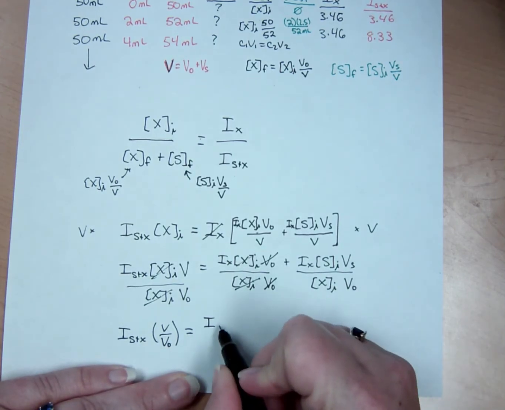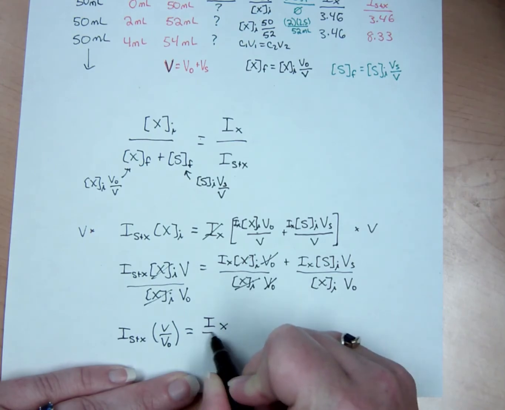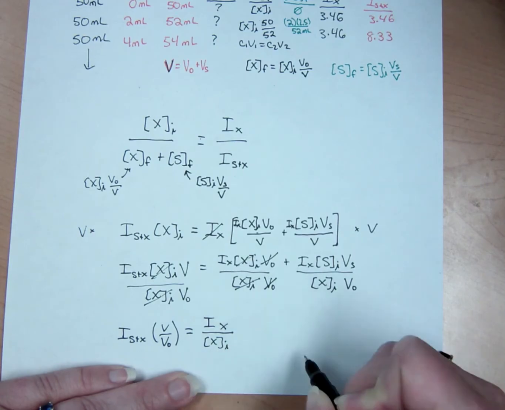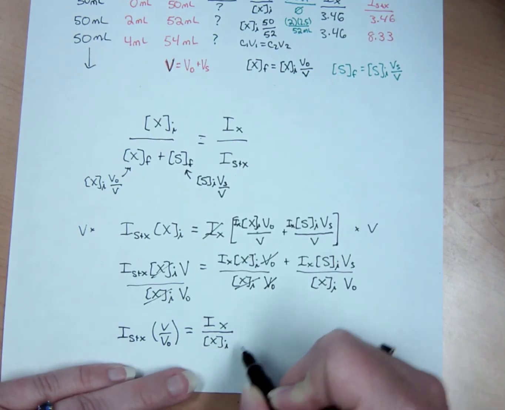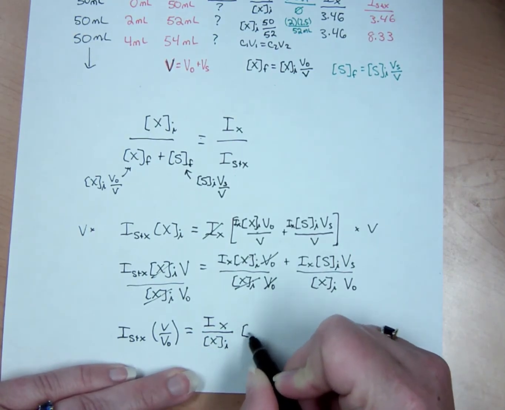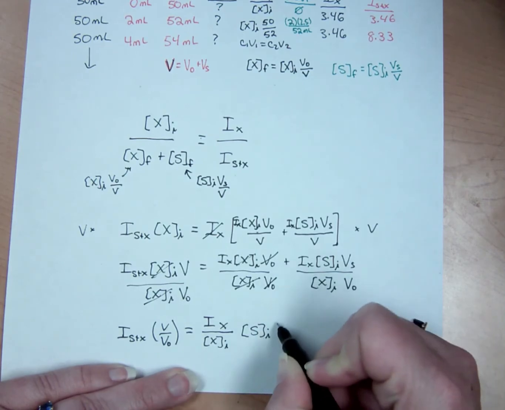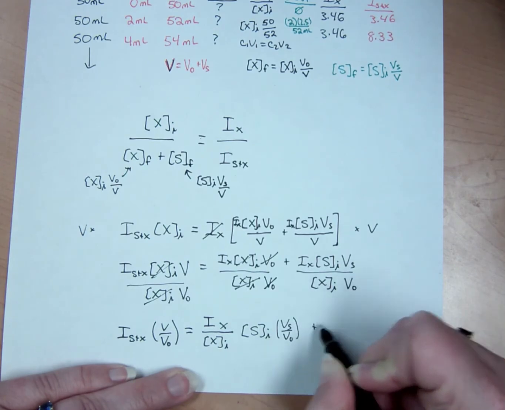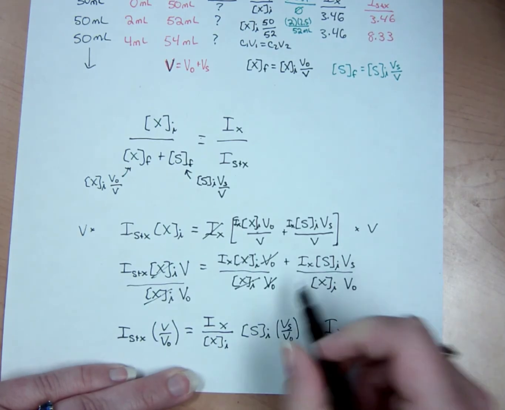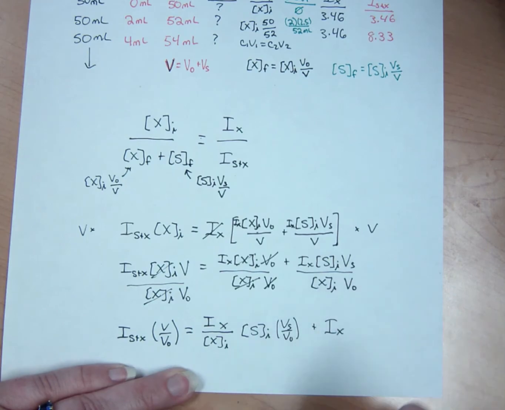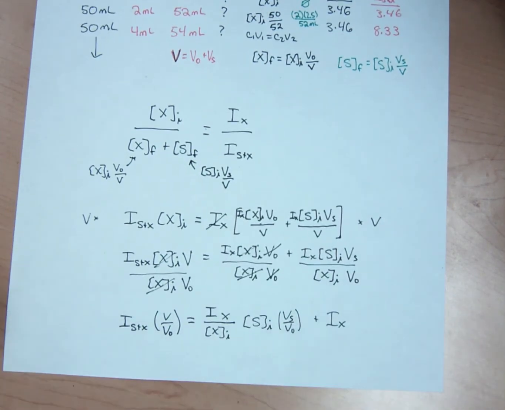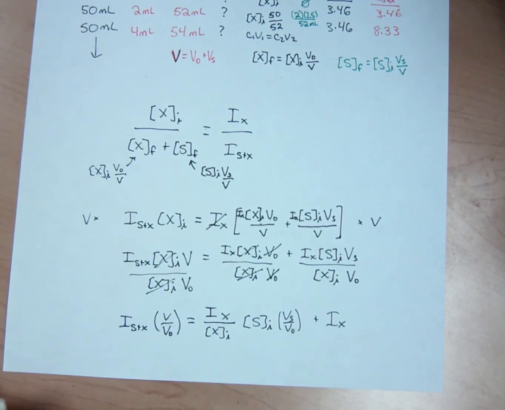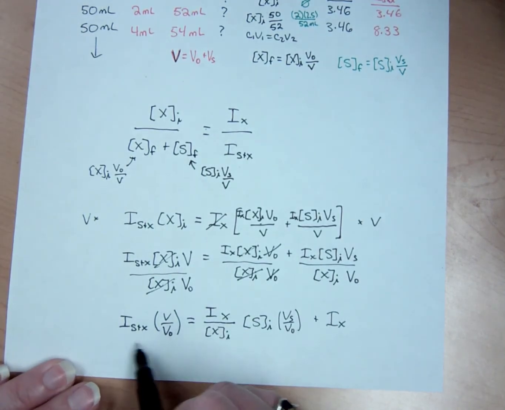So I then have I_X, and we'll put this X initial, this initial concentration of X, in the bottom, times S initial, and then this volume is standard volume initially. And then my last term is I_X. So I just swapped the order that I wrote these two in and then broke this up into some different parentheses.